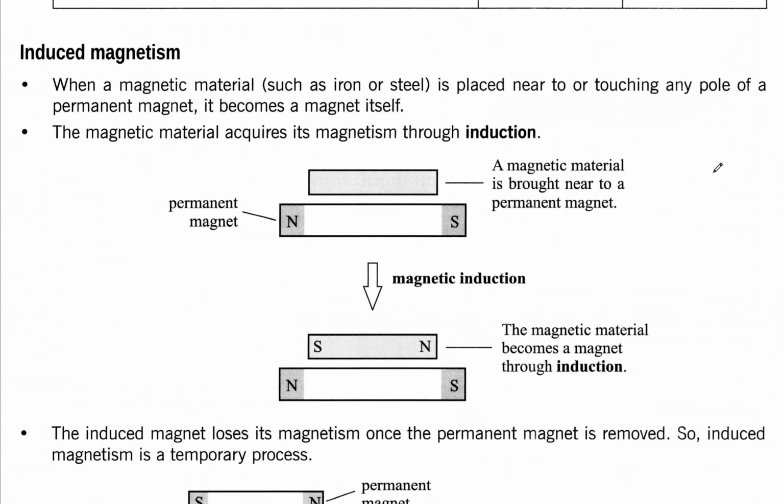Magnetic induction, or induced magnetism, is a process whereby a magnetic material such as a piece of iron or steel becomes magnetized when it is placed near or in contact with a magnet.